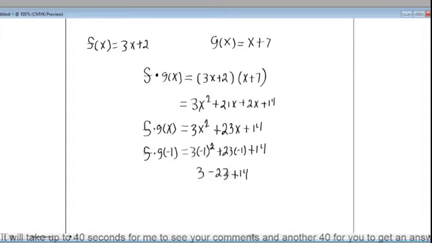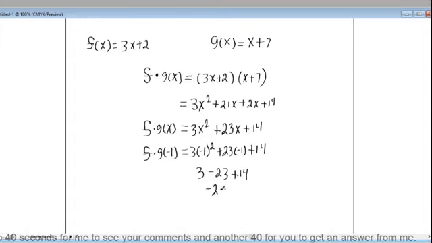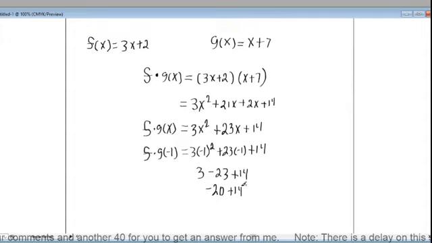So 3 minus 23 is -20. And let's see, -20 plus 14 is -6.